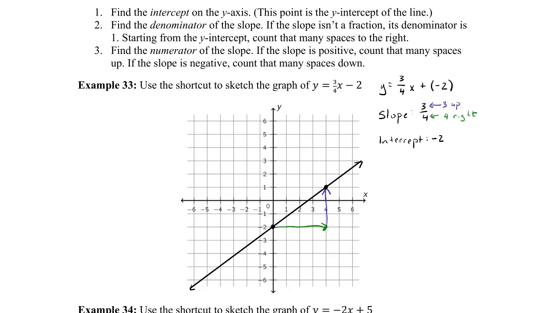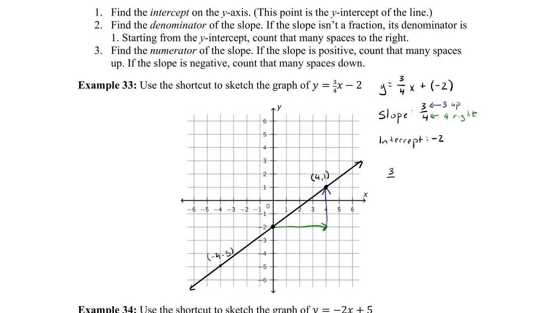Now notice, we didn't really read the coordinates of any of these points. But for example, this point, 4, 1, or this point over here, -4, -5, we can confirm that points that are on our graph really are solutions to our equation. I'm going to do that with 4, 1.